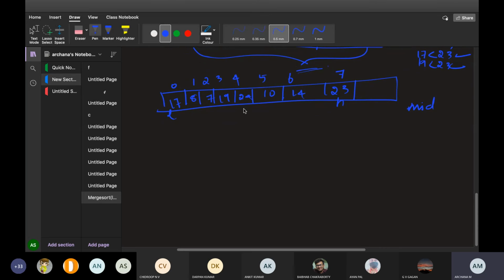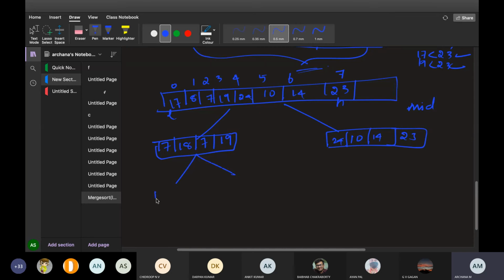Okay. Like this, what you have to divide. So till this, 17, 18, 7, 19. Divide this, then take this, divide 24, 10, 14, 23. Divide this into two halves, 17, 18, 7, 19.